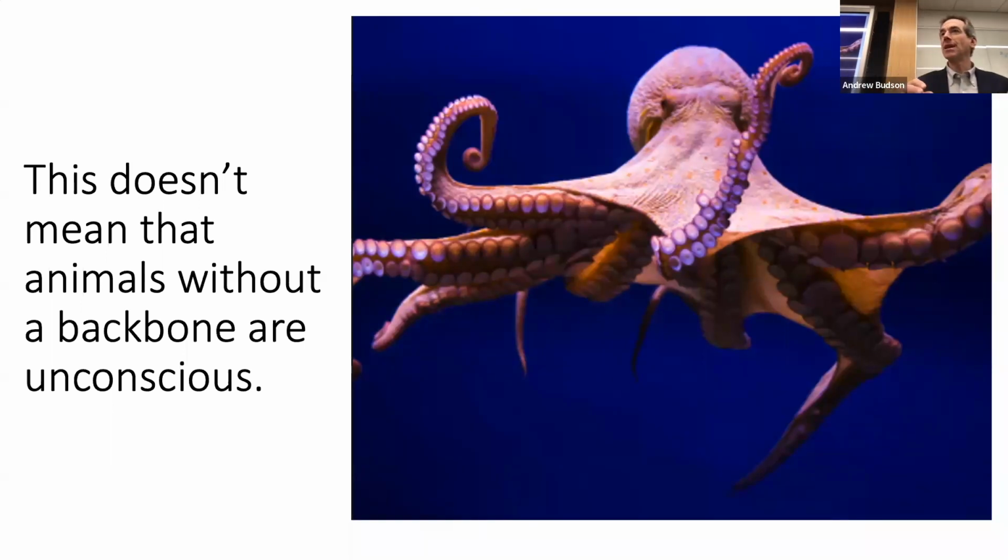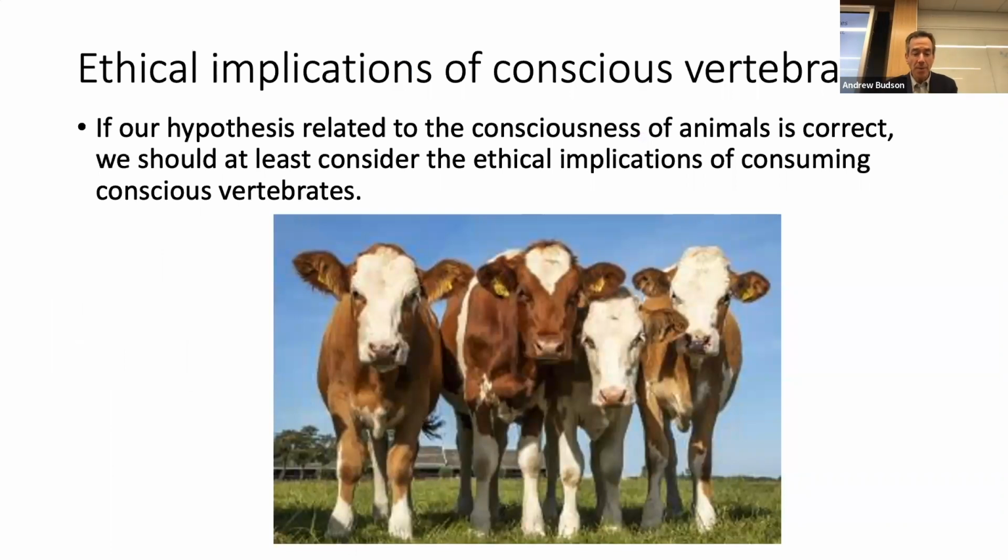It just simply means that our theory doesn't have anything to say about it. Okay, that's all it means. But because we argue that vertebrates are conscious, we should at least consider, as a species, the ethical implications of consuming vertebrates, which are conscious.